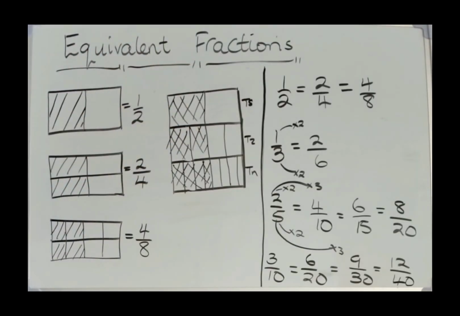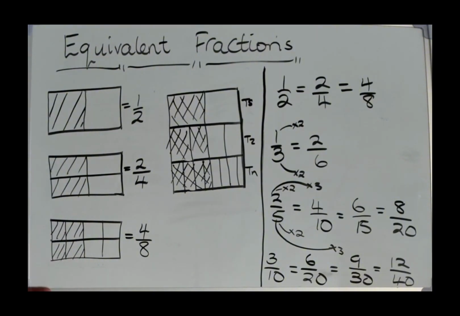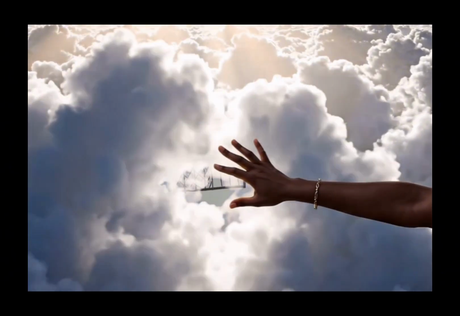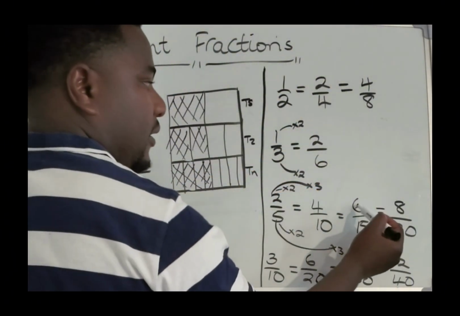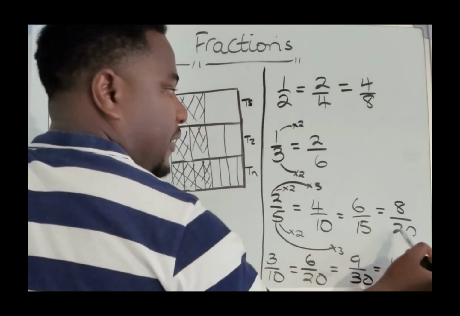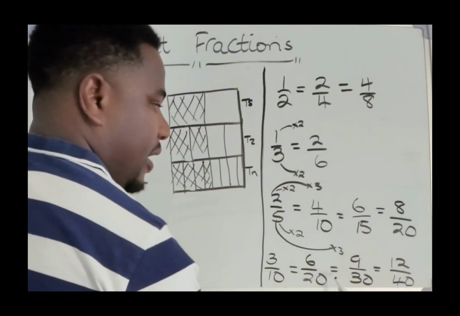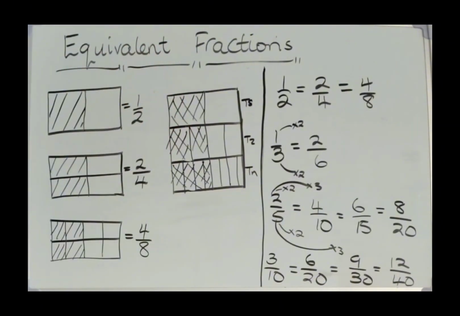So if you look at equivalent fractions, what are we doing? We are simply counting numerators in numerators and denominators in denominators. Counting twos, we're going to say 2, 4, 6, 8. If we're counting in fives, it's 5, 10, 15, 20. 3, 6, 9, 12. 10, 20, 30, 40. And so on and so on.